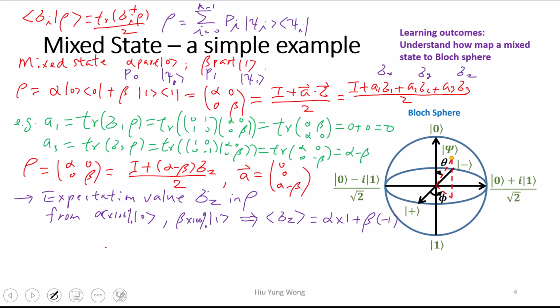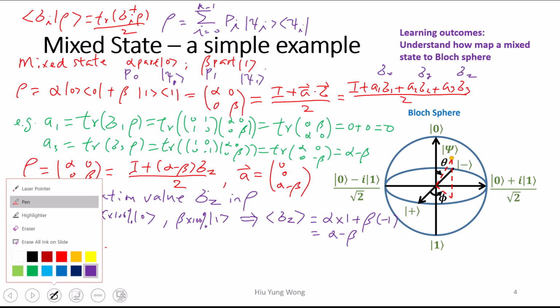That might be better. But anyway, this is the FH value. This gives me alpha minus beta, right? So I will expect this if you try to ask me what is the expectation value of this, right? Then from here, what do I get?